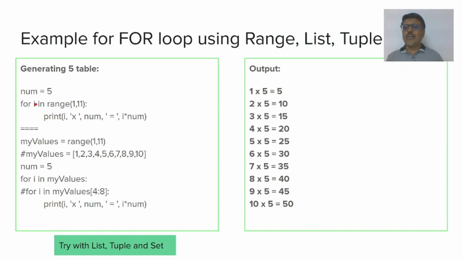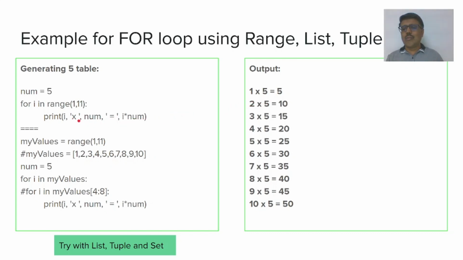So now wherever i is available here, this is the iterator variable. The first one is 1, the second one is 2, the third one is 3, the fourth one is 4, like that you'll be having it here. So when you print it, this is the format you are looking at. The i is the dynamically changing value, and I'm representing a cross mark and putting that cross mark here, and then I'm giving the equal to, and the value.